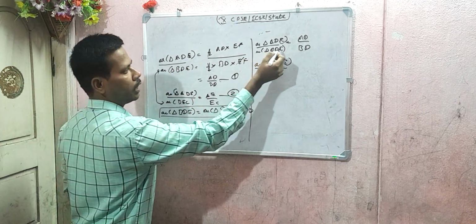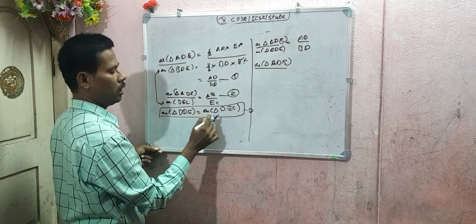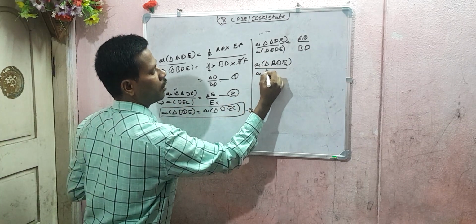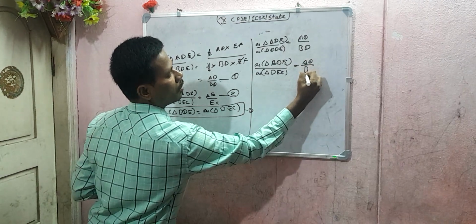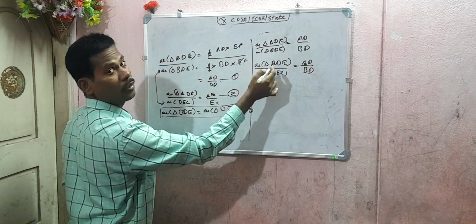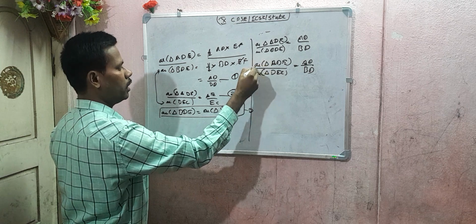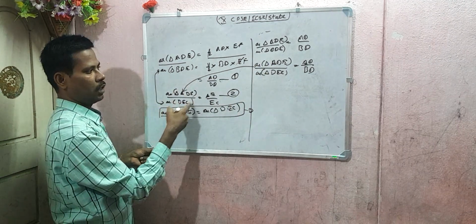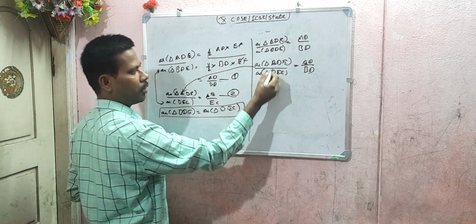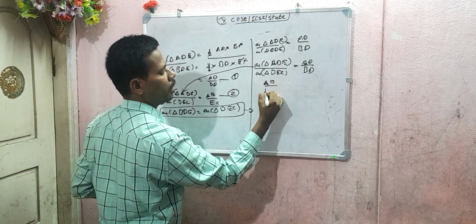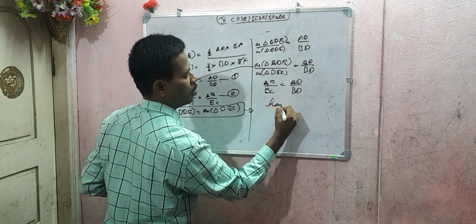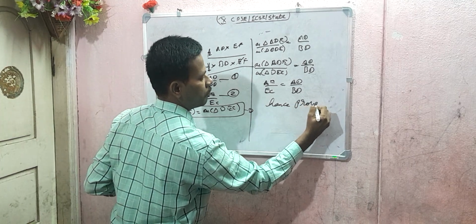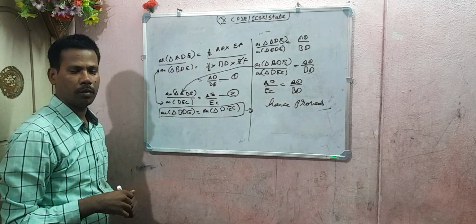In place of BDE, replace DEC. But area of triangle ADE by DEC is nothing but AE by EC. So in place of this, you write AE by EC is equal to AD by BD. Hence proved. That's it. Very simple.